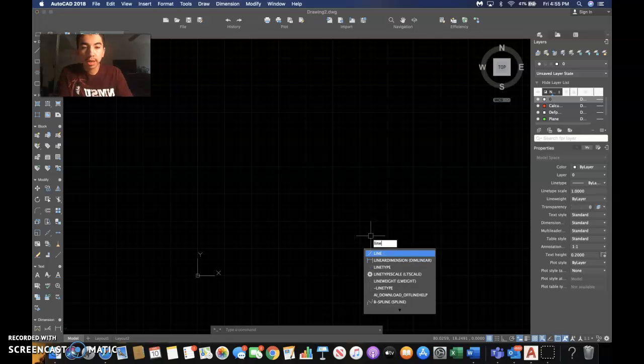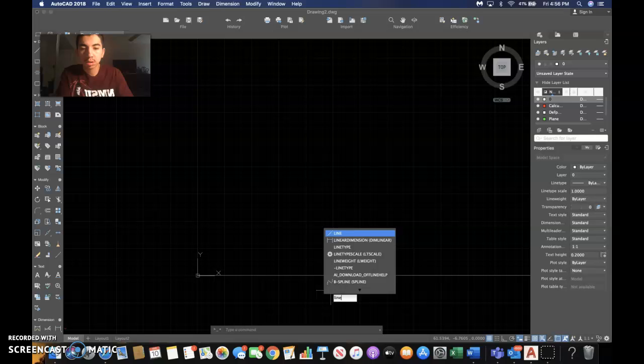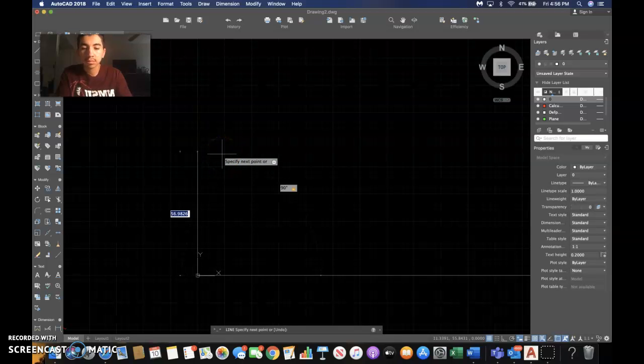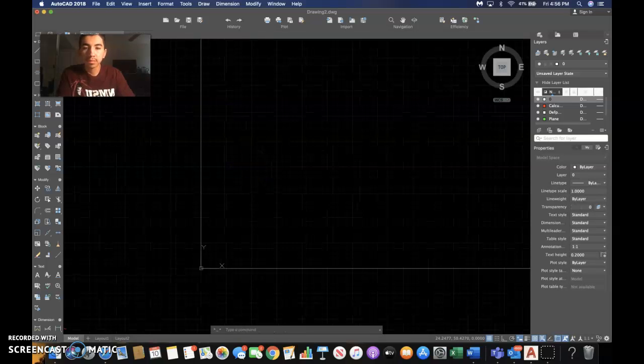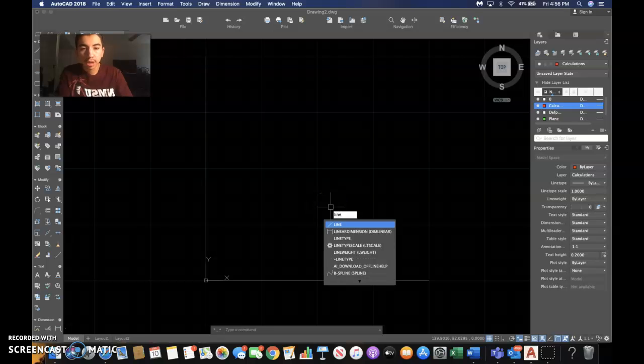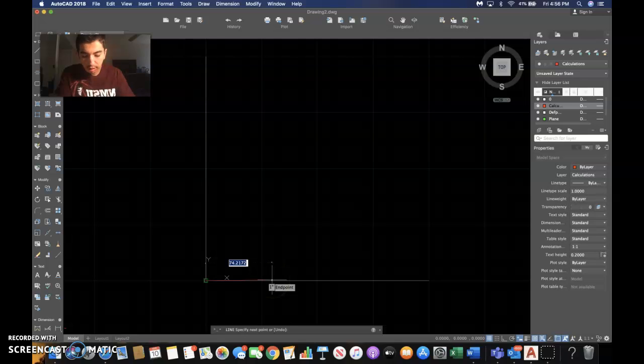I'll start by setting up my axes. So the first one we have, I'm going to switch to my calculations layer, and we're going to go to the 28, the one on the vertical plane.